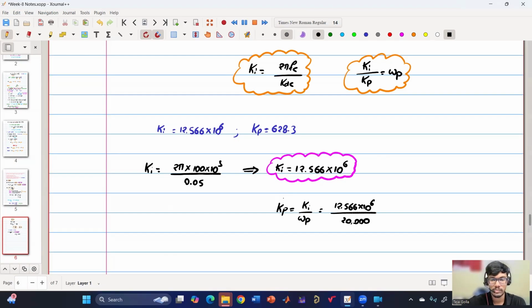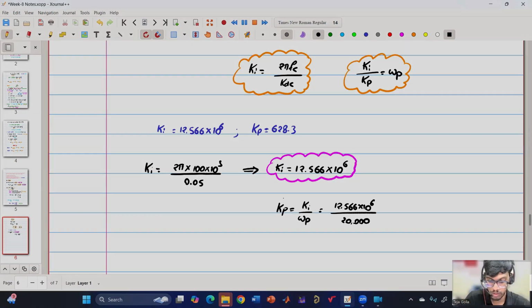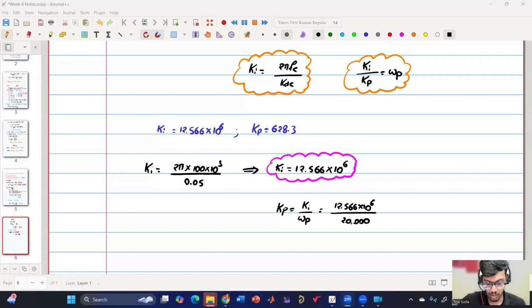Let me calculate. Yes, sir, 628.3. Can you see my screen? So the gain that everyone is getting is 628.3.